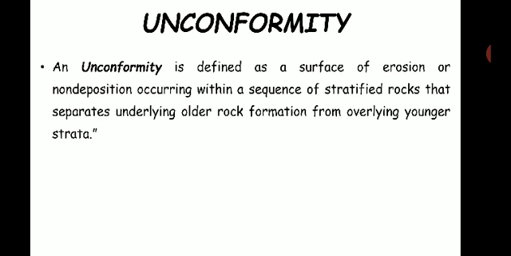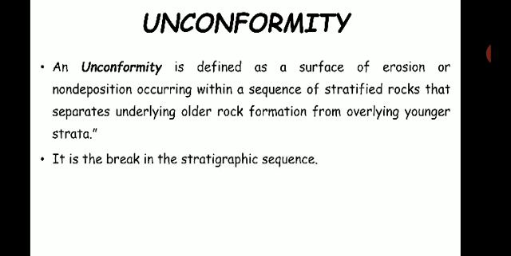So it is a surface of erosion or non-deposition occurring within a sequence of stratified rocks that separates the underlying older rock formations from the overlying younger strata. In a simple way, it is a break in the stratigraphic sequence. There is a sequence of formation of rock, and in that sequence there is a break.